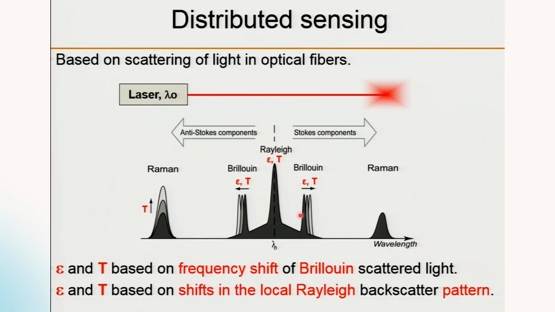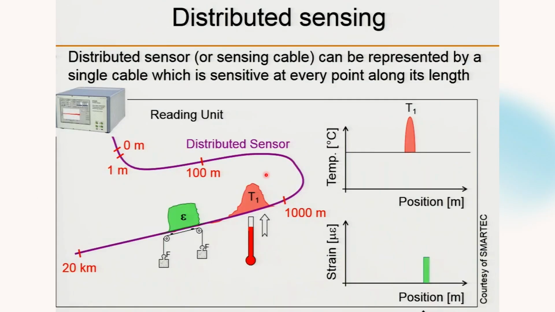And also this is distributed sensing based on the scattering of light in optical fiber. We have three kinds of scattering, as we saw in the first and second topics: Raman, Brillouin and Rayleigh scattering. This is distributed sensing.